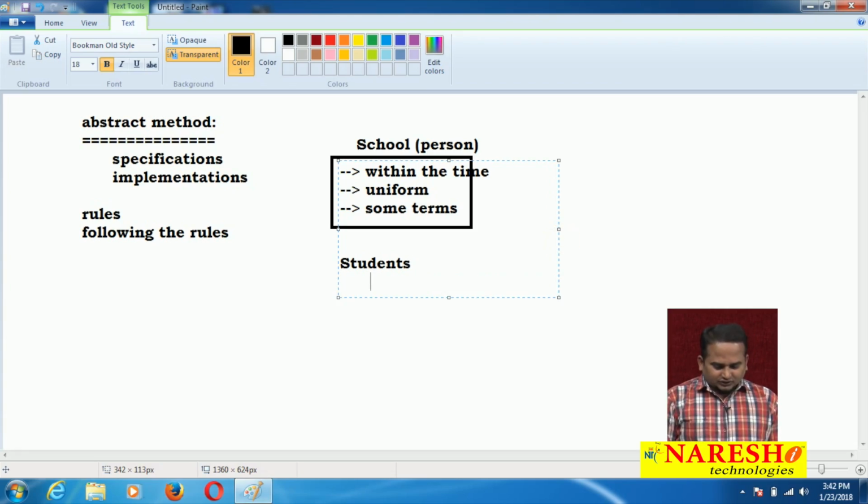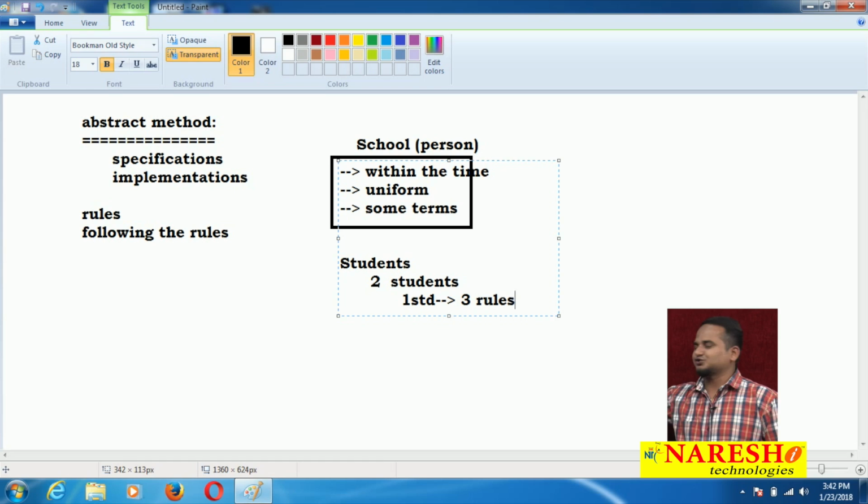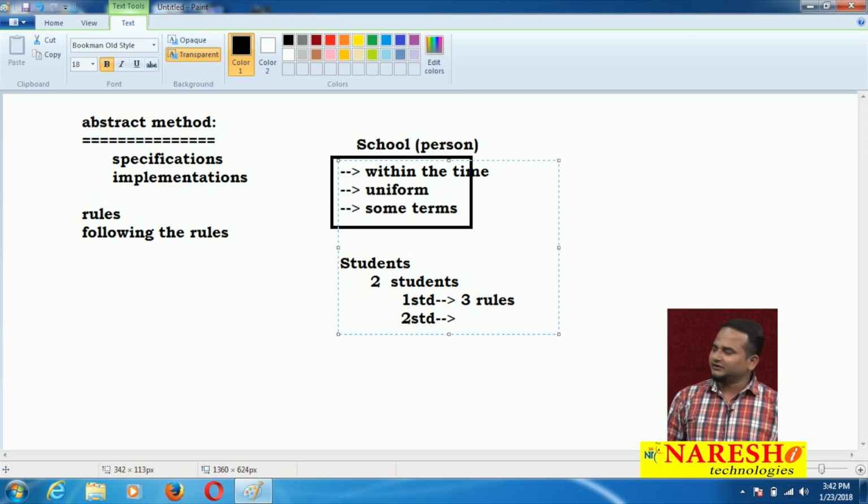Assume there are 3 or 2 students. One student follows all 3 rules, so the principal never hurts that student, and always gives the chance to sit in the class. Now, the second student is not following the rules.